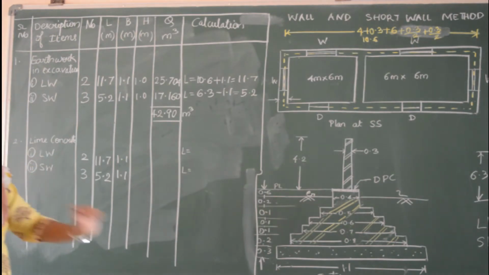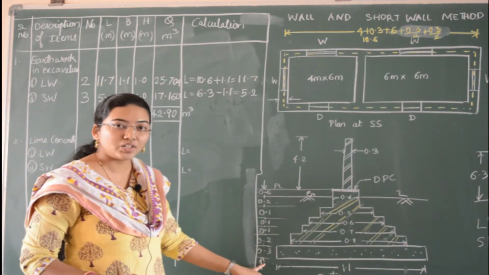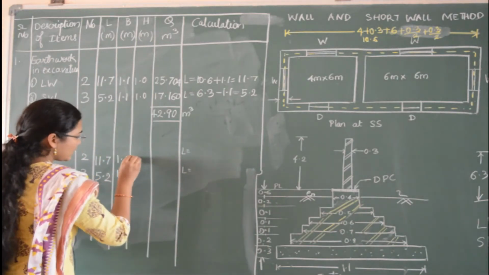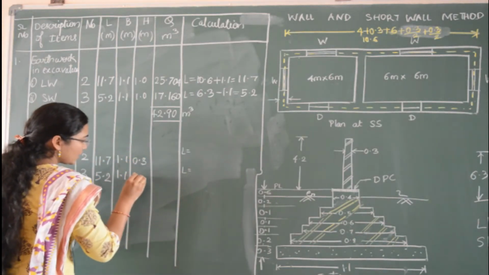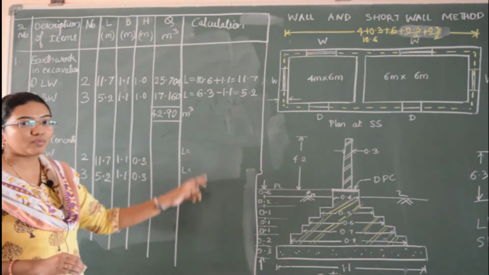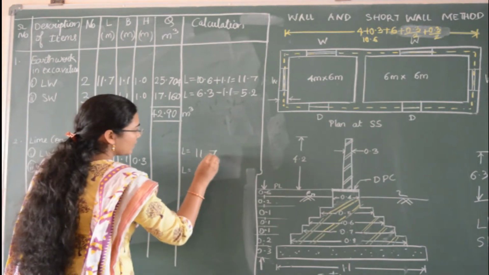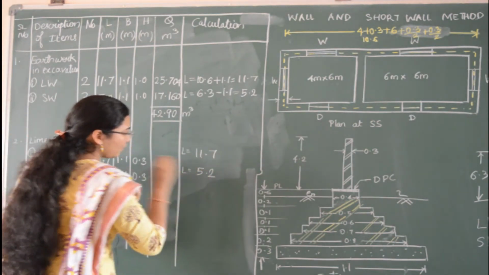Next, how much height are you going to provide for the lime concrete? It is only 0.3. So here we just have to include the height of 0.3 for the lime concrete. This distance is going to remain the same. So these two calculations will be the same, 11.7 and 5.2.